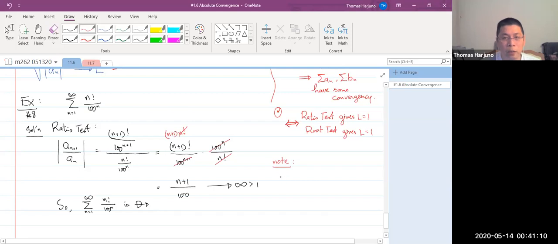Okay, a little note. If you think about the nth term, n factorial over 100 to the n, this term itself actually goes to infinity. Why? Because this is n times n minus 1 times n minus 2 all the way down to 1, over 100 times 100 times 100 all the way to 100.